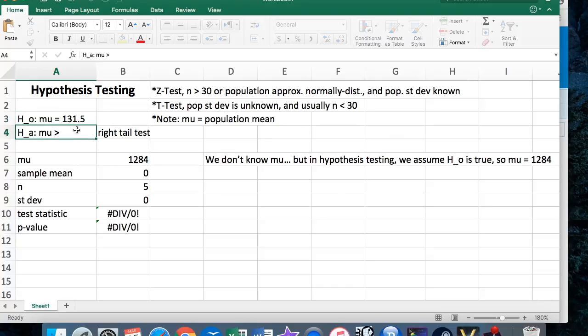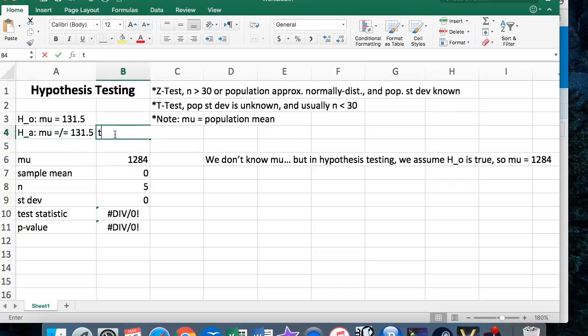And then here it's a two-tailed test, so it's just not equal to 131.5. So not equal to means it can be either too small to be considered 131.5, or it can be too large. So this is a two-tailed test. Okay, so there we go.